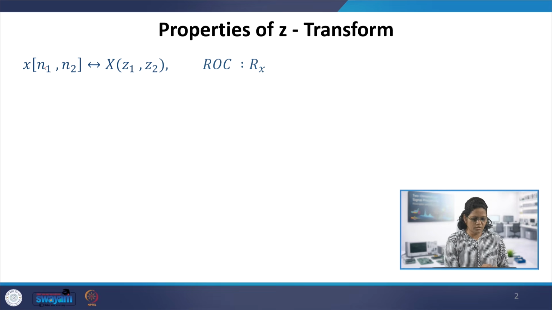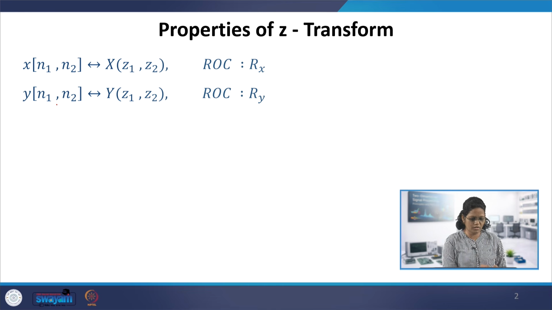Take the case of a two-dimensional sequence x of n1 comma n2, whose Z transform is x of z1 and z2, and its ROC is Rx. Similarly, for another sequence y, whose Z transform is y of z1, z2, its ROC is Ry.